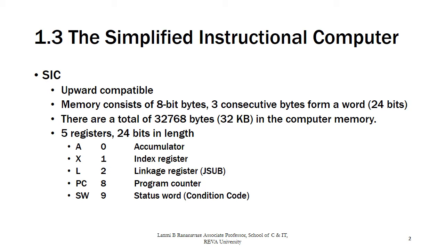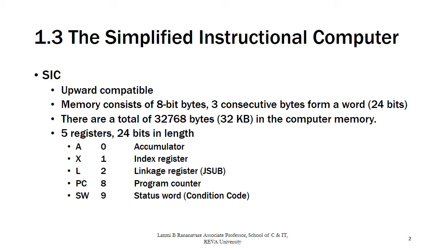So any word in a SIC machine architecture consists of 3 bytes. That's all. Then there are a total of 32,768 bytes, that means 32 kilobytes of memory, and it has 5 registers.